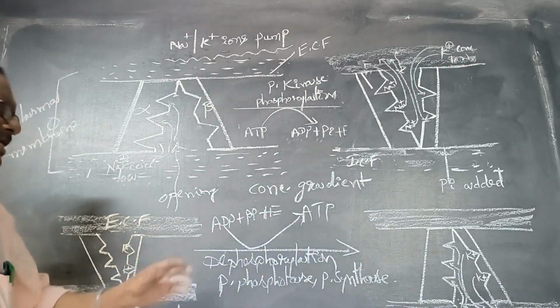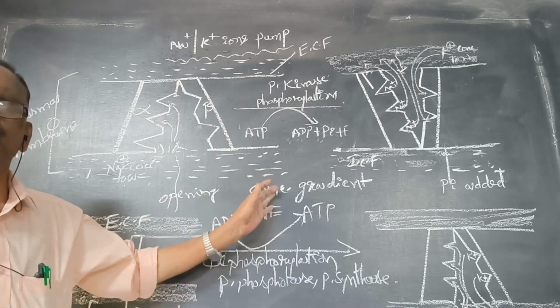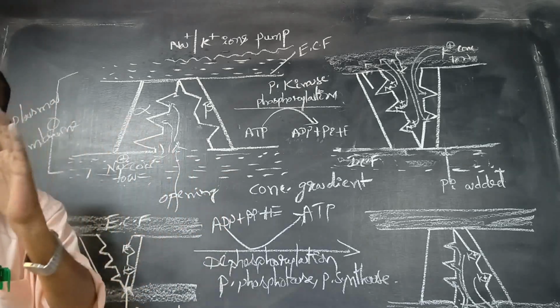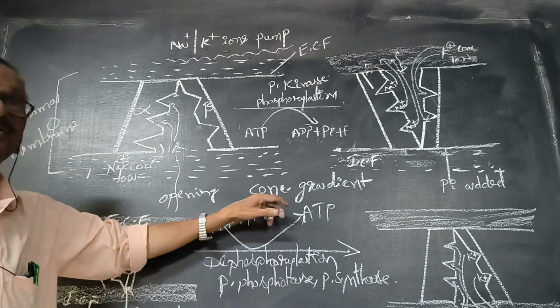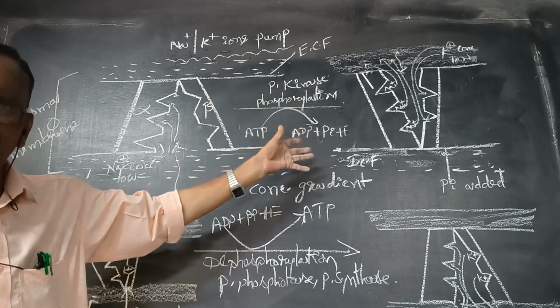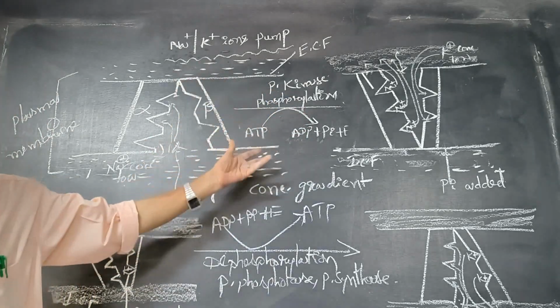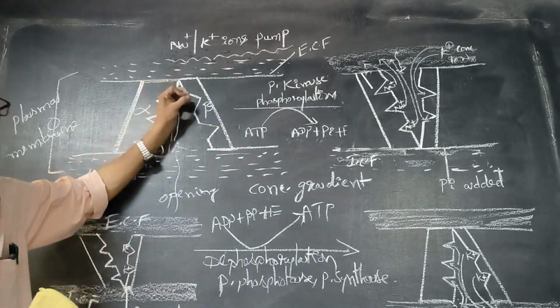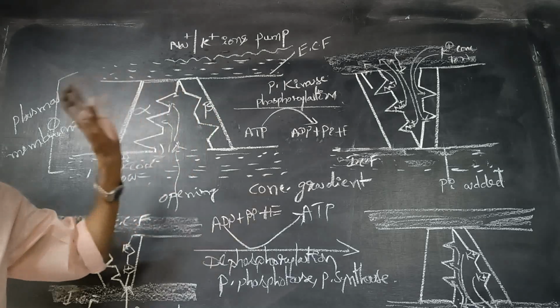Generally, ions must move from higher concentration to low concentration, but here they are moving against the concentration gradient. That is, from low to high they are being transported or exchanged. That's why that transport phenomenon is called the active transport phenomenon.